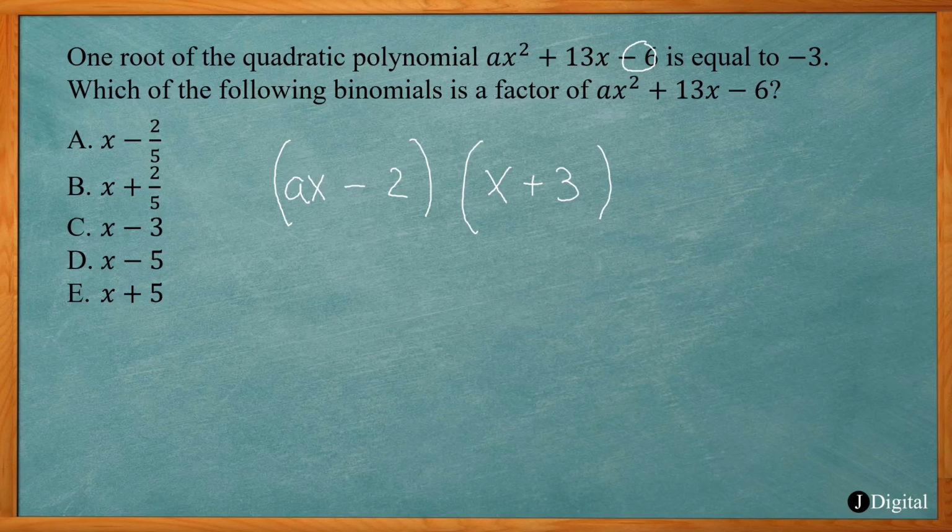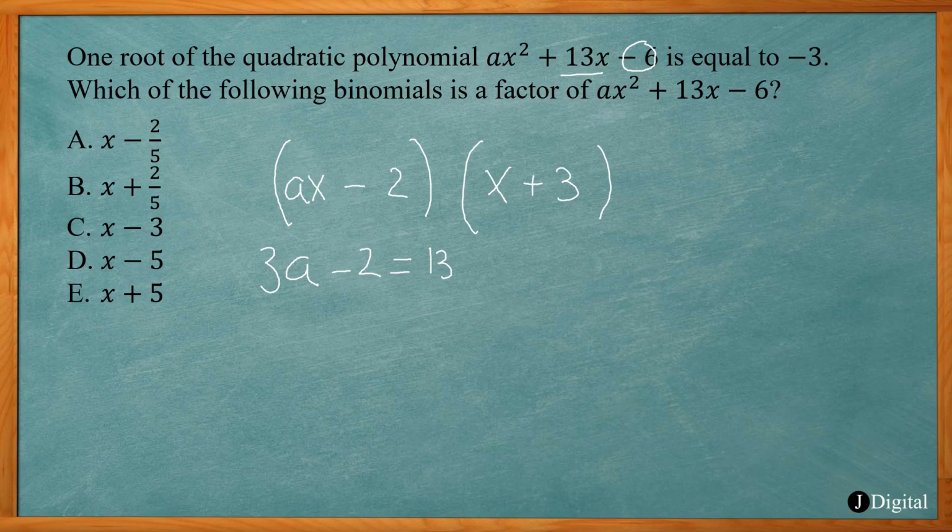Now, what else do we know about these factors? To get the 13x, that has to be a times 3 minus 2. That's going to give us the 13. So if you're doing your FOIL, the ax times the 3 plus the negative 2 times the x needs to add up to the 13.